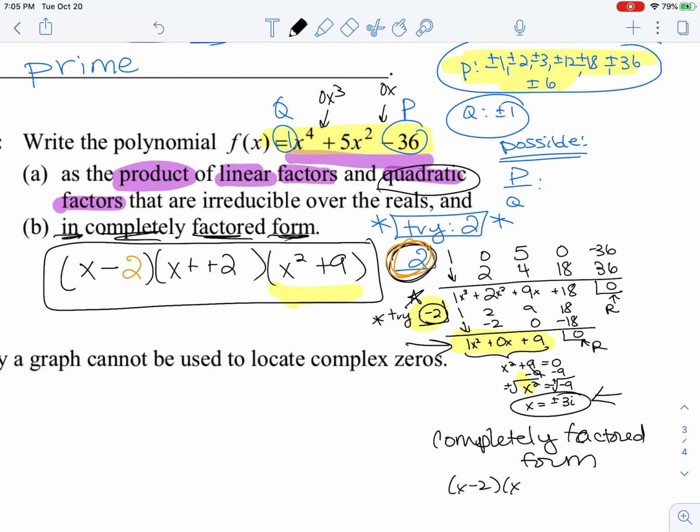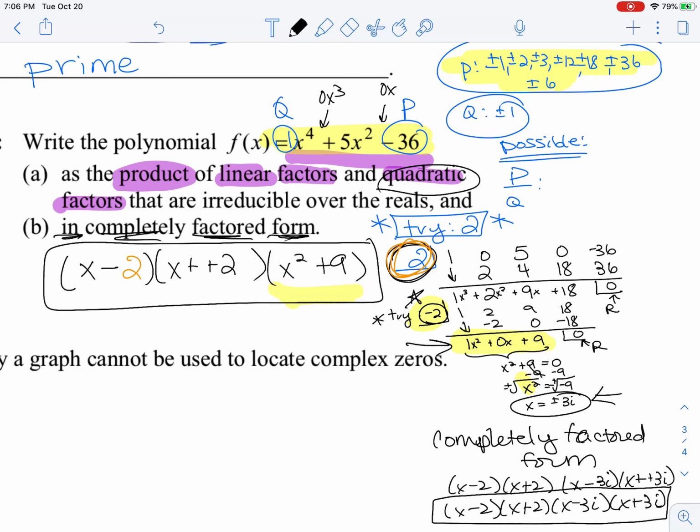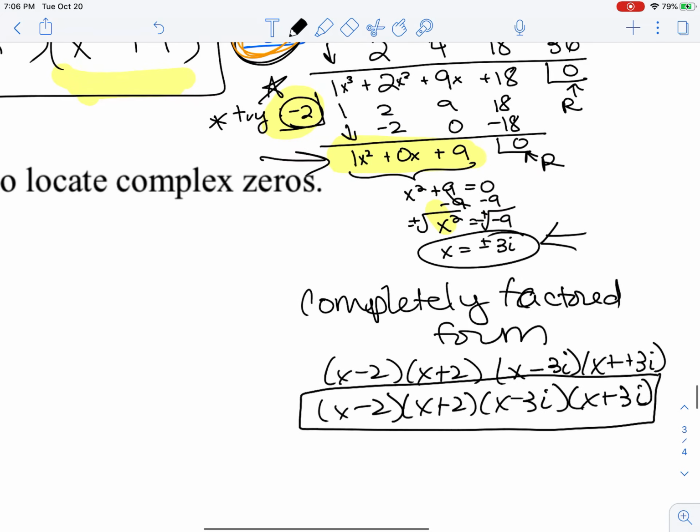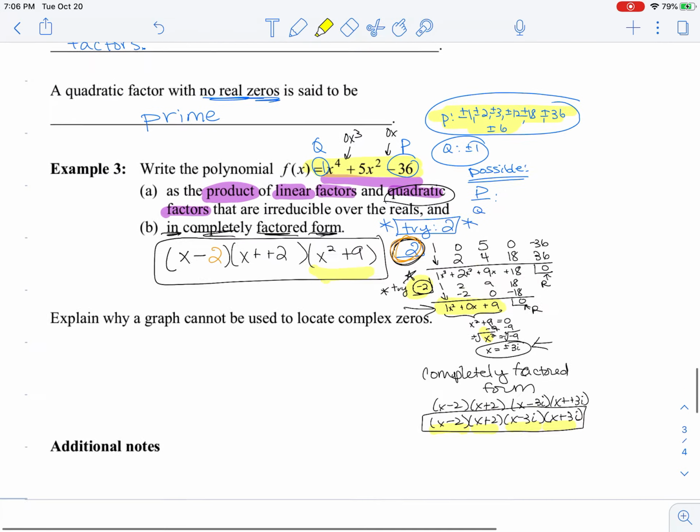So we'd get x minus 2, x plus 2, x minus positive 3i, and x minus negative 3i. So we're left with x minus 2, x plus 2, x minus 3i, x plus 3i. And that is our completely factored form where we have 1, 2, 3, 4 roots.